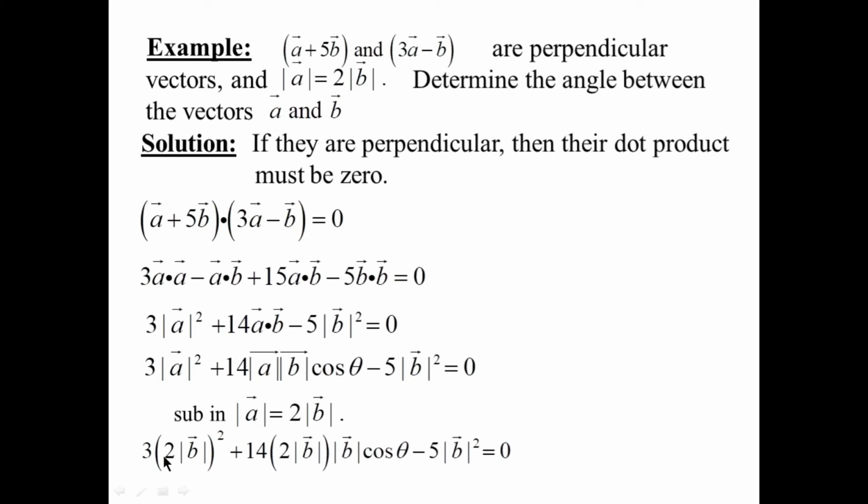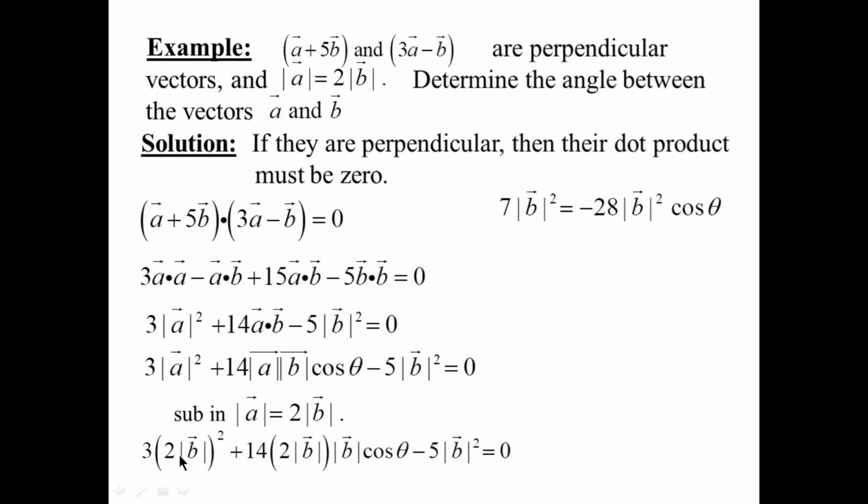And so now I take a big step here. 2 squared is 4. 4 times 3 is 12, minus 5 length of b squared. So this will be 12 minus 5. That turns into 7 length of b squared. And this turns into 28 length of b squared cos theta. I just dragged it across the equal sign up here.